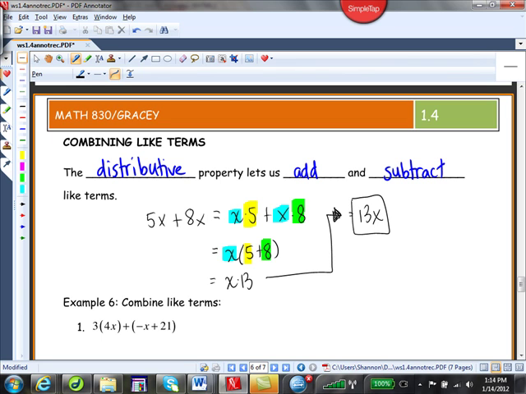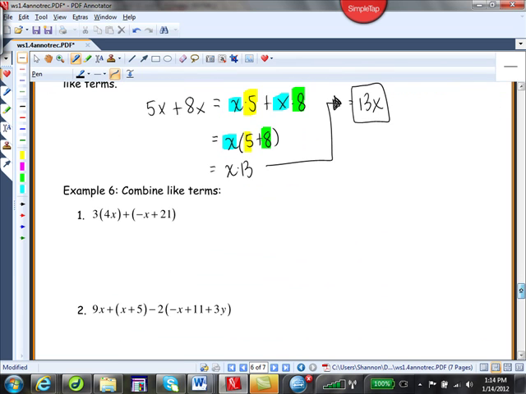Okay? So what you want to check is to see if you have the same variable raised to the same power. So each of these are just x to the 1 power. If you don't see a number, it implies it's raised to the 1 power. So example 6, we're combining like terms. So here we go.